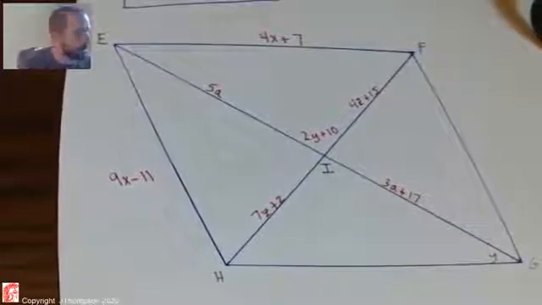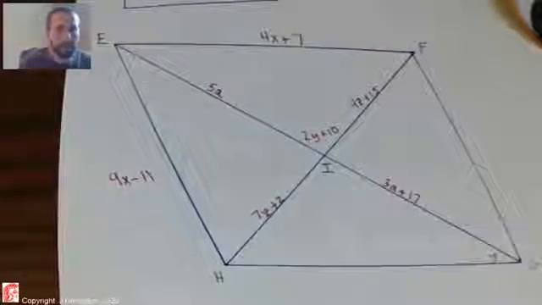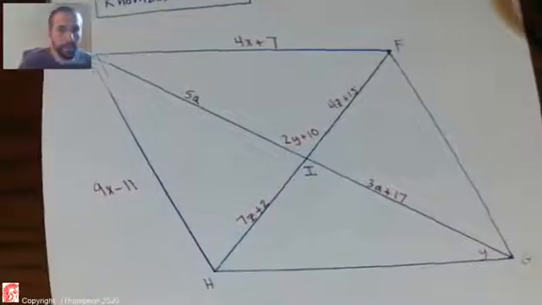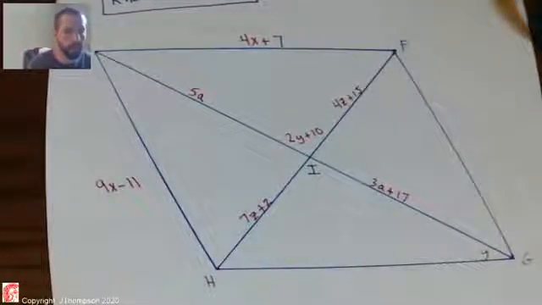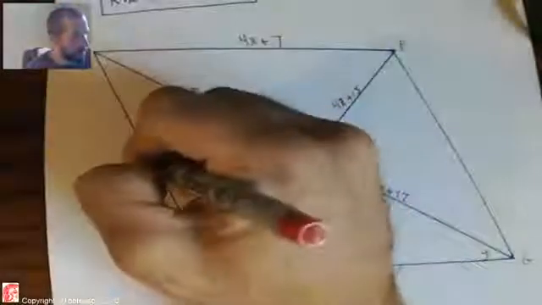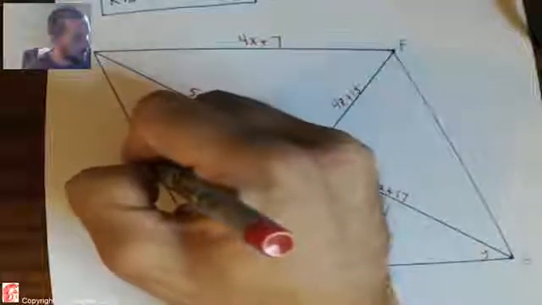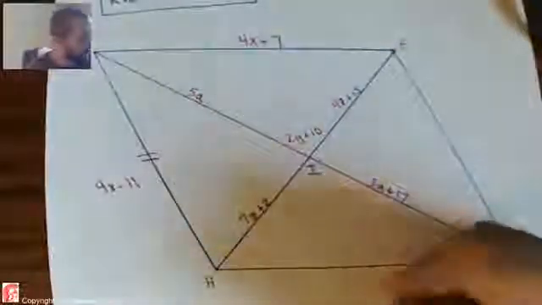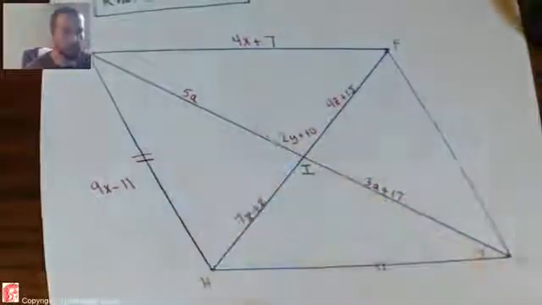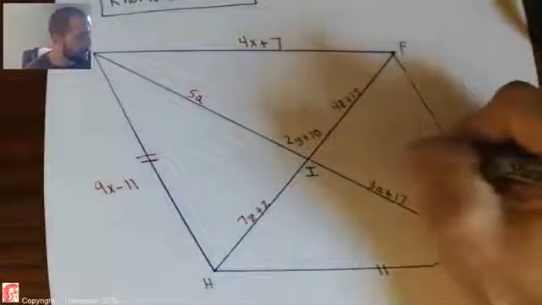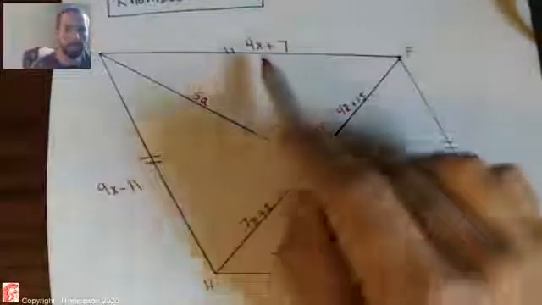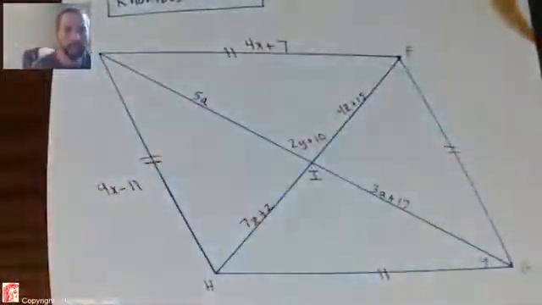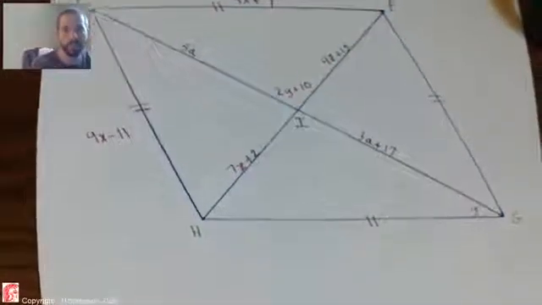So if we wanted to solve for each variable, let's start with x. The way that we're going to solve for x is, since it's a rhombus, we know all the sides are equal. So side EH is congruent to side HG, is congruent to side FG, which is congruent to side EF. And that's just because it's a rhombus, all the sides are equal. So since these two sides are equal to each other, we're going to set 9x minus 11 equal to 4x plus 7.